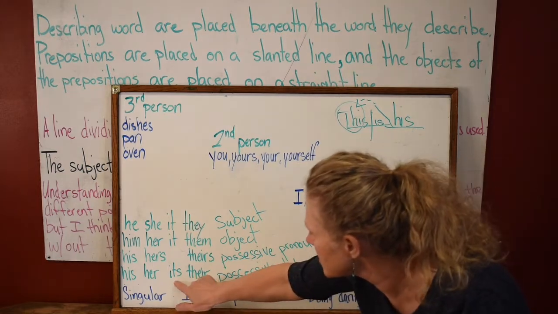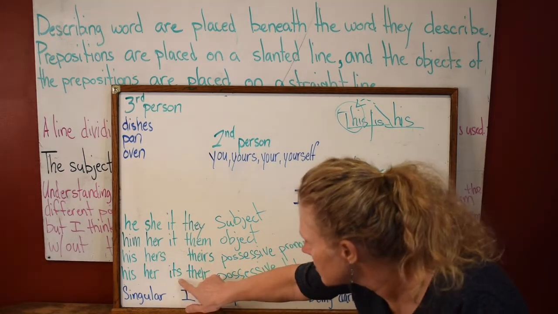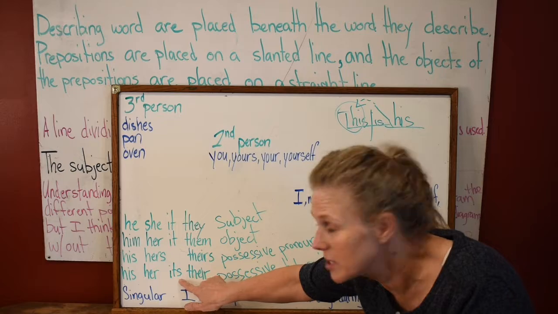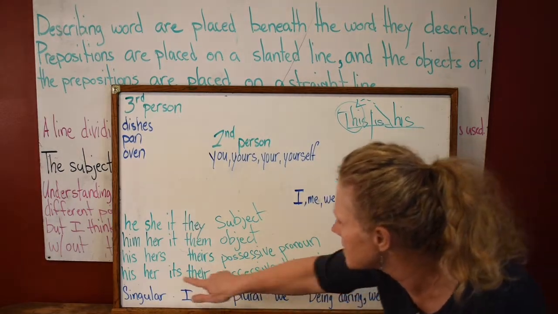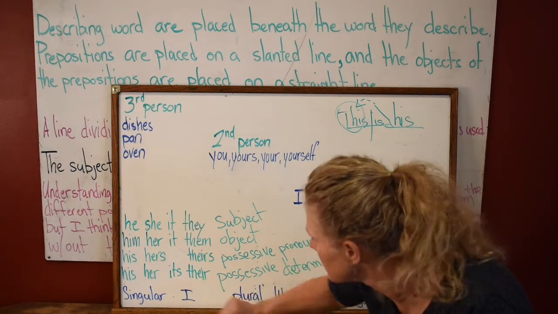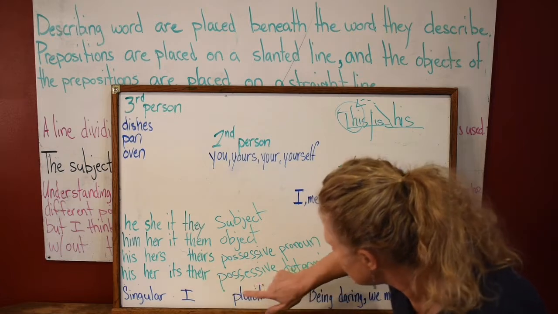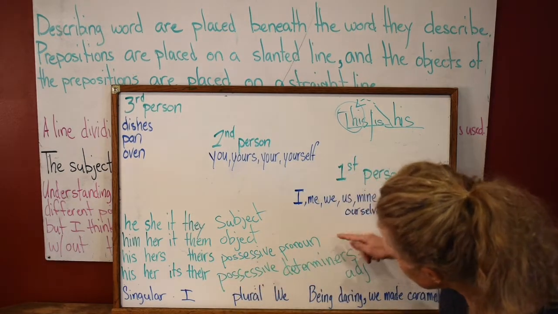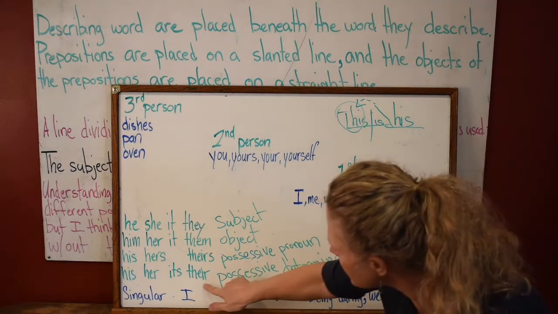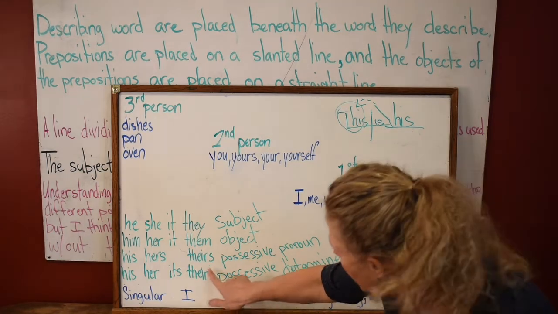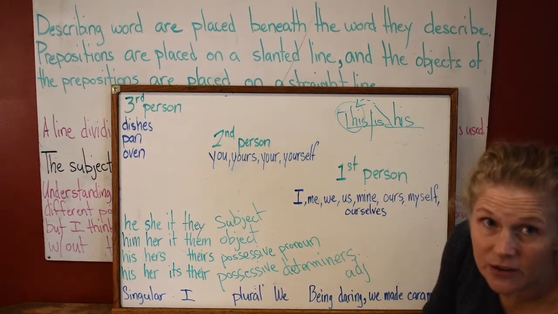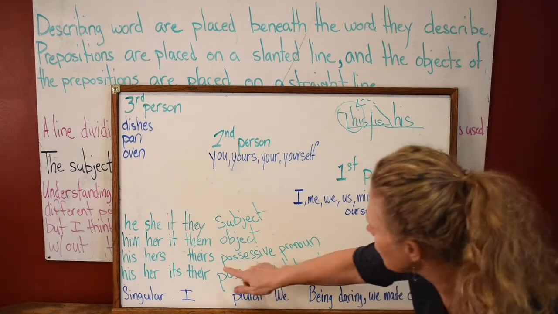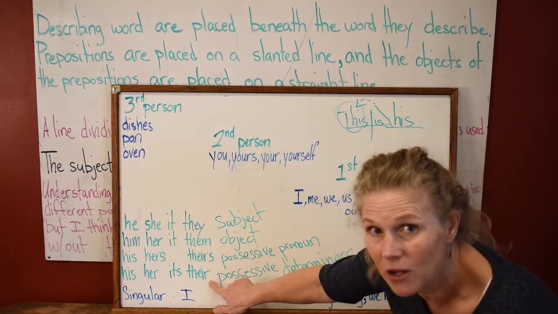The adjective that doesn't stand alone is a determiner. And then see right here, this has the S if you're going to let it stand alone. This one does not have the S. Can you see the difference? So this can stand alone, this one cannot stand alone.